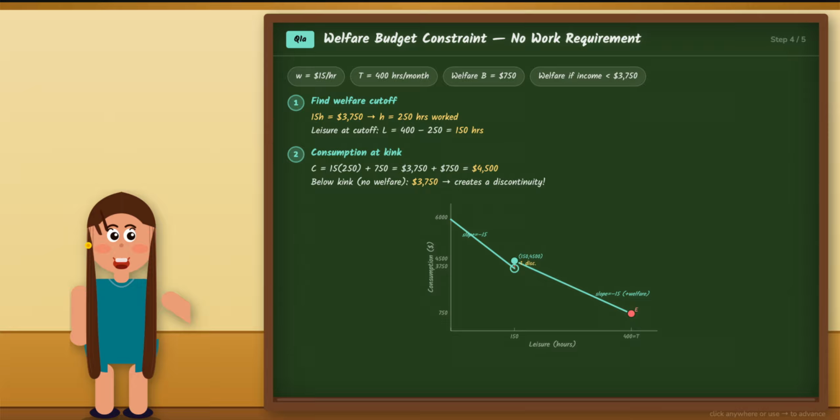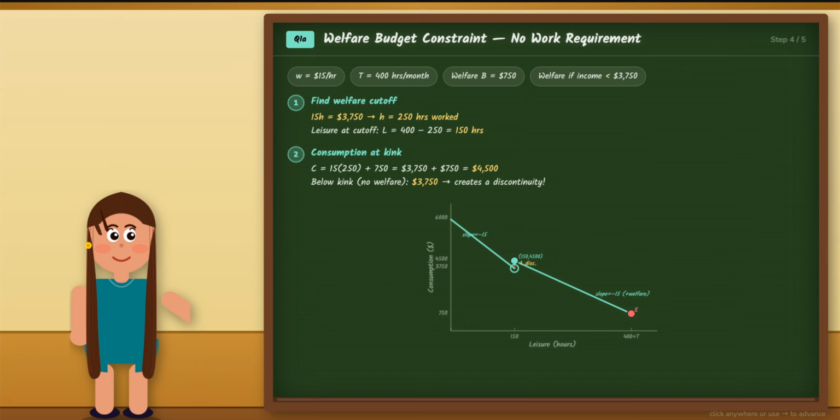Now, here's the important part. If she works more than 250 hours, her wage income exceeds $3,750, and she loses the welfare benefit. So at L equals 150, the budget line drops discontinuously from $4,500 down to $3,750. That vertical gap is the discontinuity.